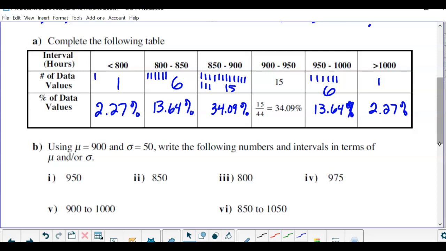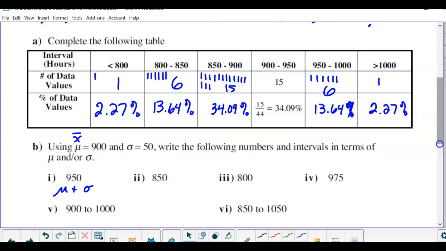You were told, you didn't have to calculate, that the mean, the mu symbol, is the mean. You can use x with a bar as well. That's 900, and you're told the standard deviation is 50. It says write the following numbers in intervals in terms of mu and sigma. If mu is 900 and sigma is 50, then 950 is mu plus sigma.